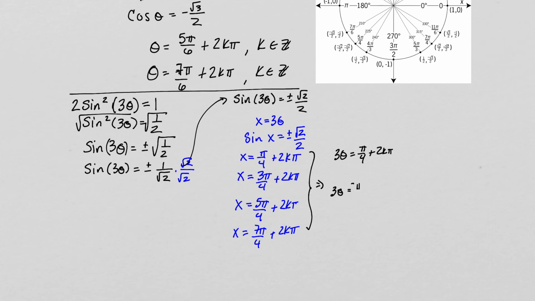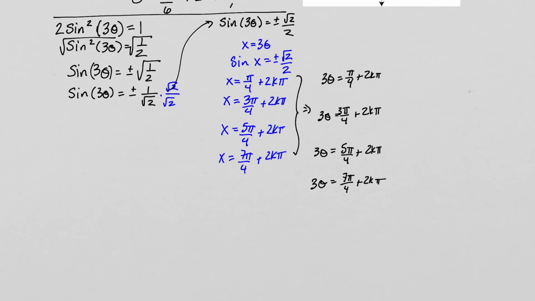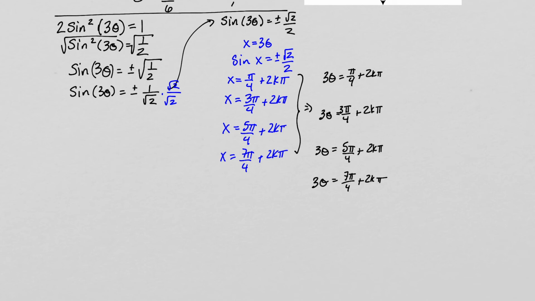So 3 theta equals 3 pi over 4 plus 2k pi. 3 theta equals 5 pi over 4 plus 2k pi. And 3 theta equals 7 pi over 4 plus 2k pi. So all I did here was replace my x's with 3 thetas because that's what x is.